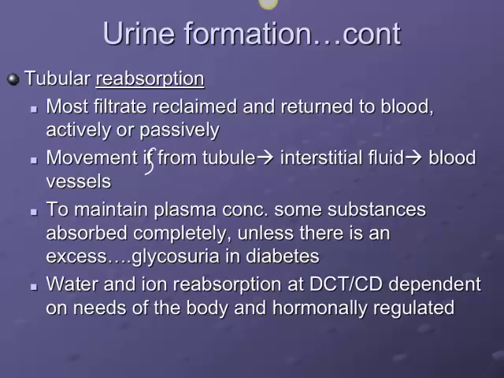Water, for example, ADH is responsible. So all of these at the distal convoluted tubule and the distal part of the loop of Henle, that's where the rest of the reabsorption of some of these substances takes place, and it's dependent on the need of the body, and that is where the hormones act. Have you followed? Okay.